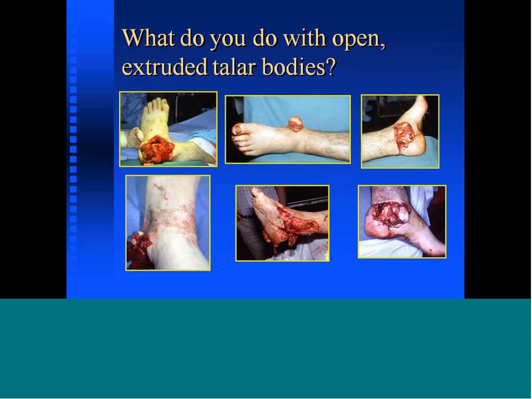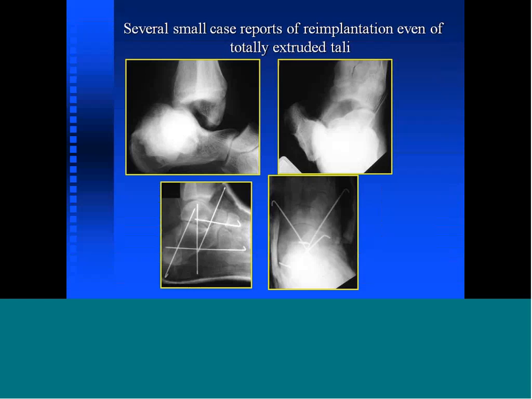And then lastly, what do we do with these really horrific open extruded talar body injuries? Examples as shown here, and these are indeed very difficult ones. There are several small case reports of rehabilitation, and I credit Dr. Saltzman when he was at the University of Iowa for these particular case series.